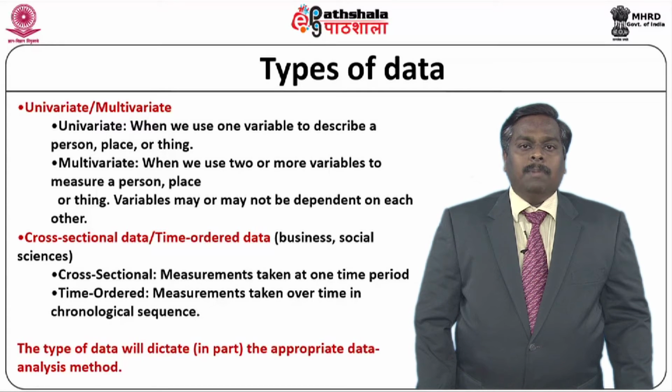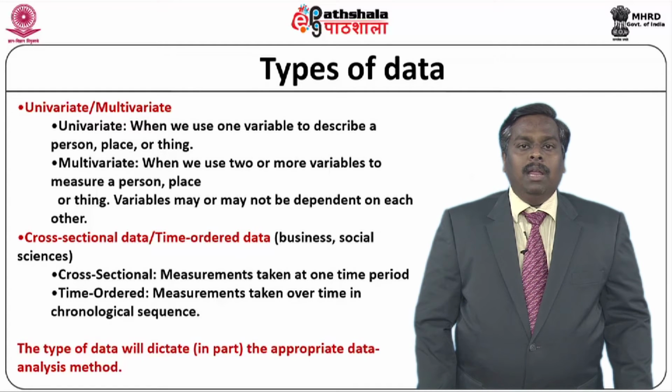When we talk about a multivariate perspective, we may be using more than one variable. In other words, two or more variables will be used for measuring or quantifying the given scenario. So, when we measure a particular individual, we may be using two different dimensions for analyzing that individual. For example, consider a set of students. We may be using two parameters: one, the percentage of marks they have scored, and the other, the total amount of hours they have spent preparing for the exam.